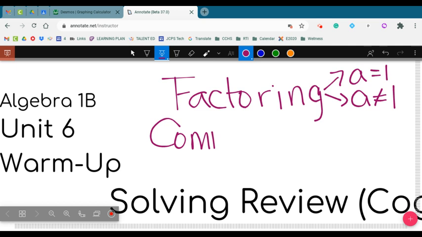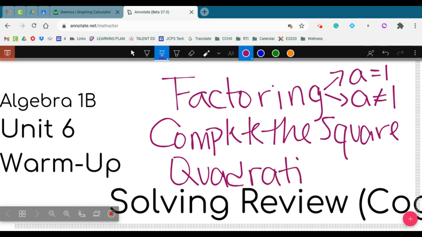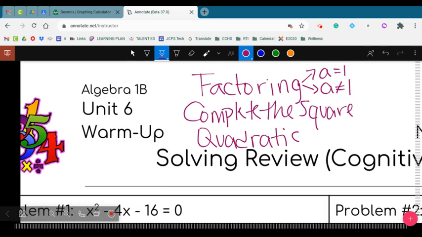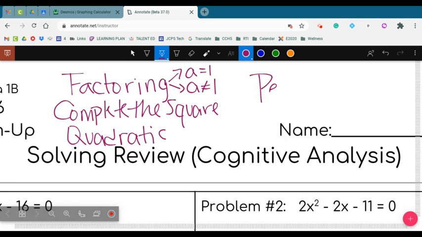We have completing the square. We have the quadratic, and then we also, and I'm going to kind of put this separate, we have the perfect square root. So that's if they're perfect square roots.